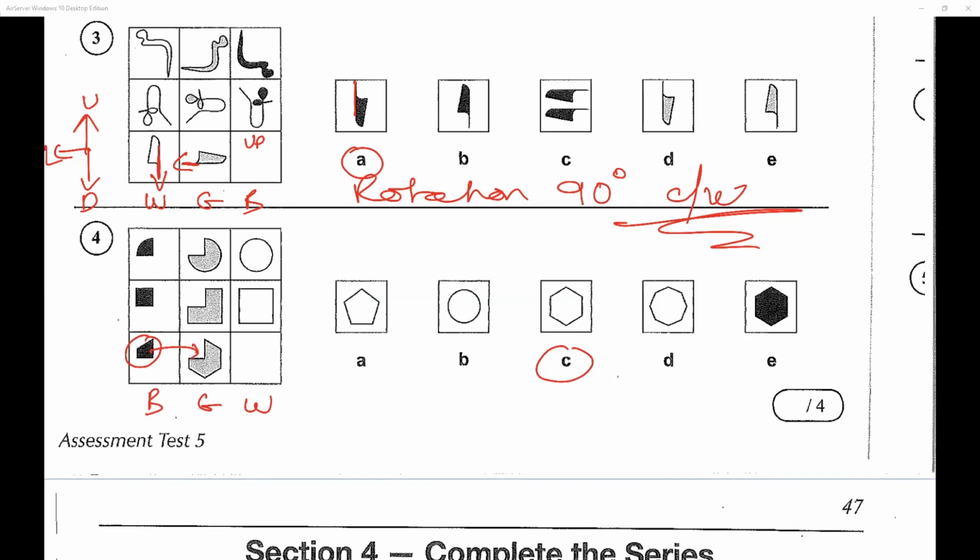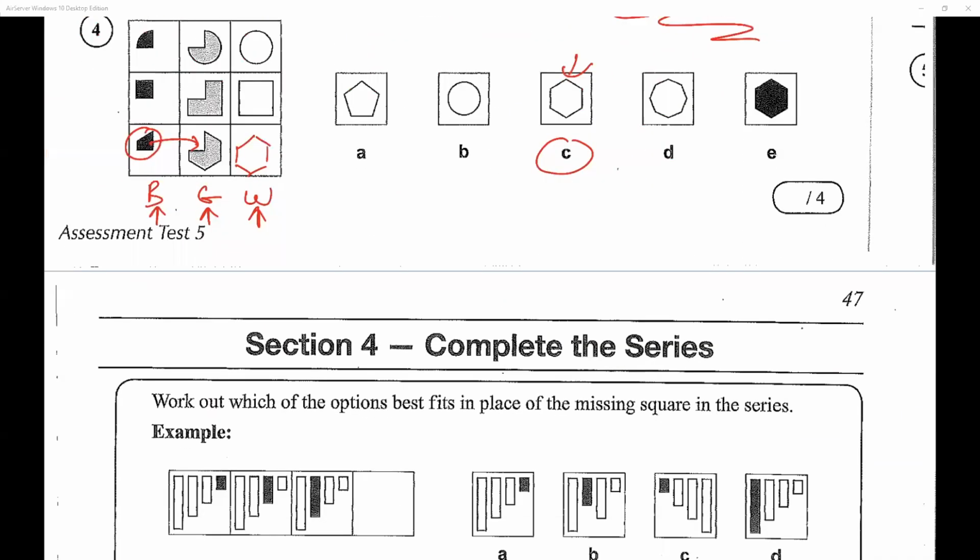And it makes the full shape. What is the full shape? The full shape is this one, C. And we're going from being black to being gray to being white. The piece on the left joins the piece in the middle to make the piece on the right, and it changes color. Fantastic. Put a mark out of 4.